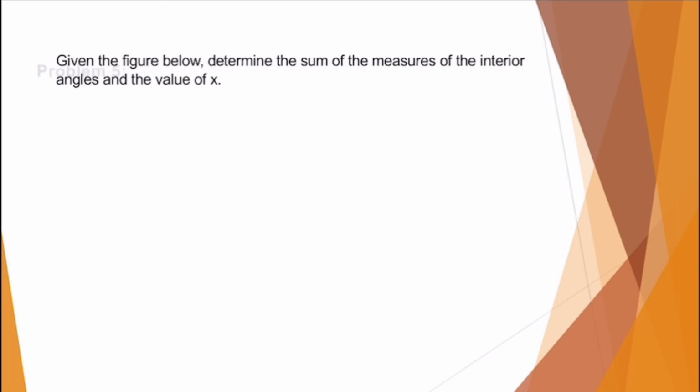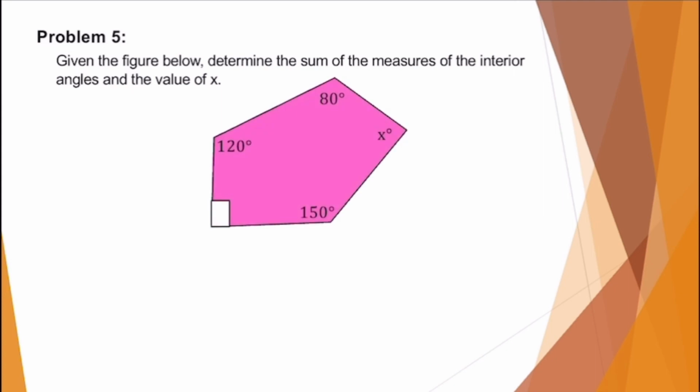Next, for our last problem, given the figure below, determine the sum of the measures of the interior angles and the value of x. For our step 1, in the given problem, our goal is to solve for the sum of the measures of all the interior angles of the given figure as well as the degree measure of angle x.